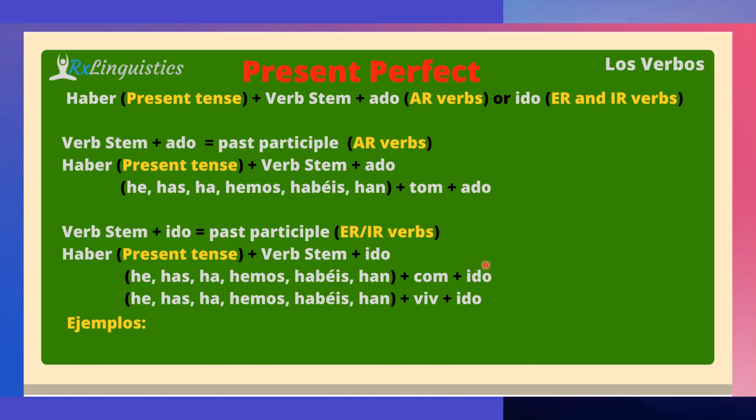So these ones are used to form the perfect tenses, and the other ones, the iendo and the ando, are used to form the progressive tenses. Okay, so you can take note of these forms of have, and also the examples that we have here.